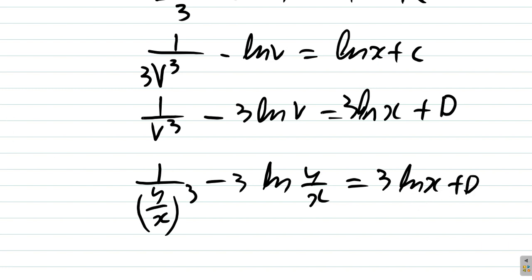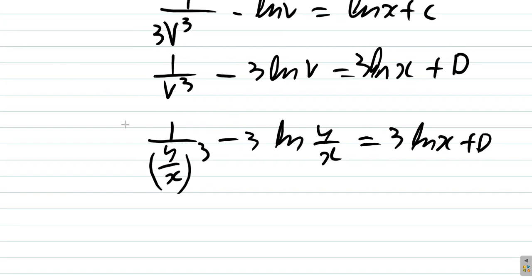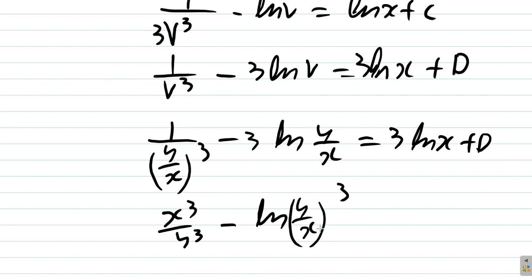So here now, you could write this as x cubed over y cubed minus ln (y over x) to the power of 3, right, equals, this would be ln x cubed plus d.